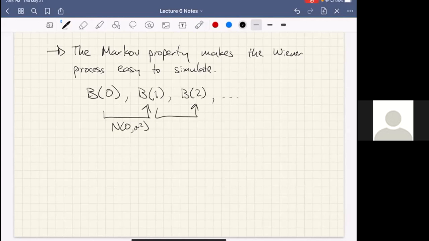Going from here to here, it's again a Gaussian random variable with mean 0, variance sigma squared, and so on. So basically, at each time instant, you add the increment.